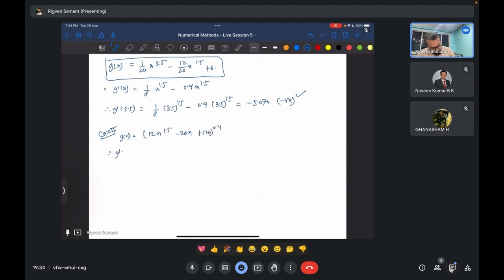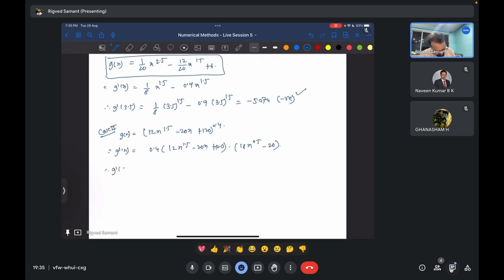What is the g dash of x? It would be 0.4 into 12x raised to 1.5 minus 20x plus 120 raised to minus 0.6, into 12 into 1.5 is 18x raised to 0.5 minus 20, right?